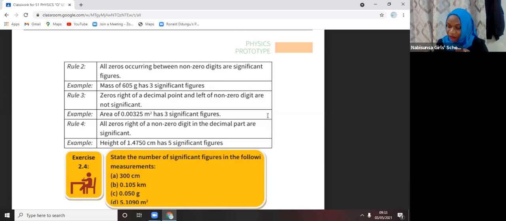Rule 2 says that if you have a 0 that is in between non-zero digits, you should also count it as a significant figure. So to check if people have understood, 1002 has how many significant figures?